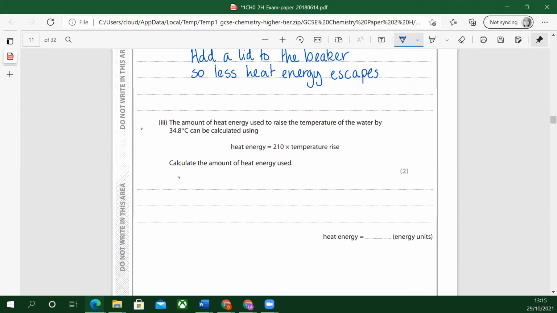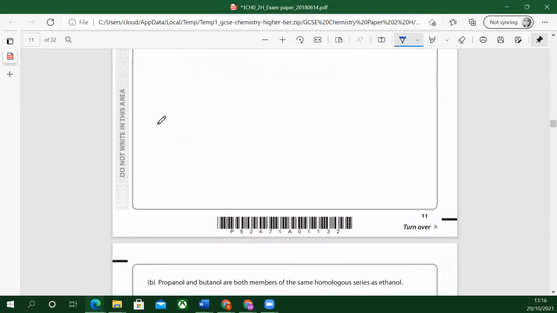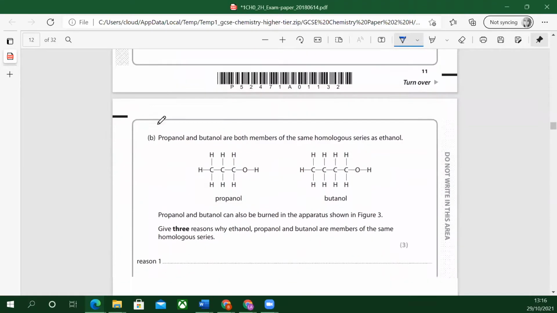So heat energy equals 210, we've been given that number, times 34.8. It's as easy as this. 7308. And they've given us energy units. We've not been told what unit, but they've just said energy units. That's fine.